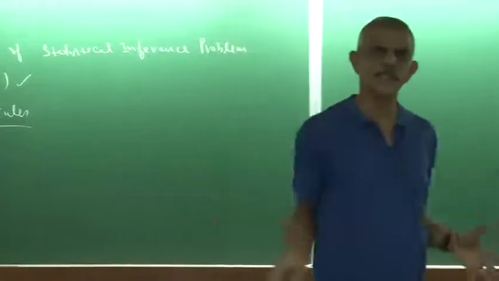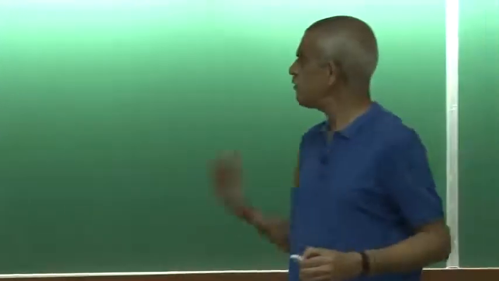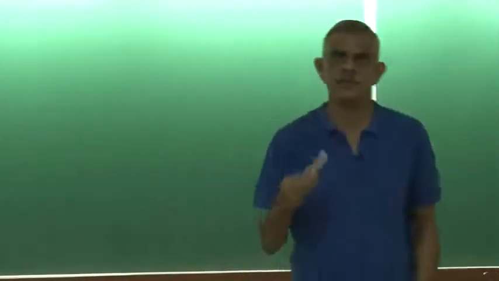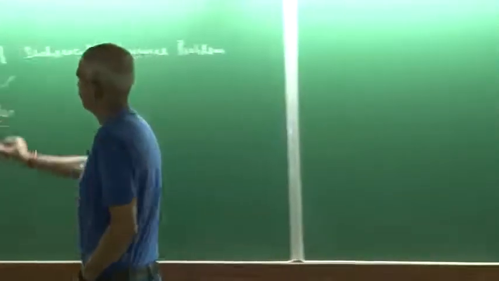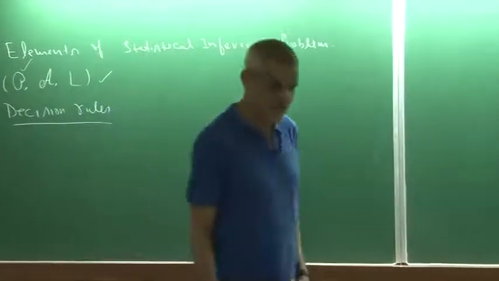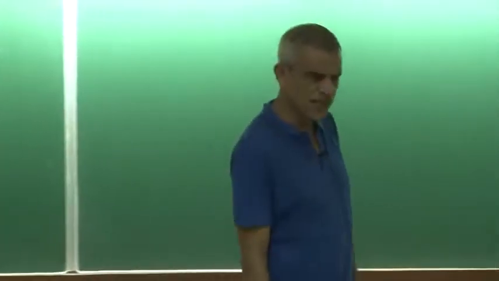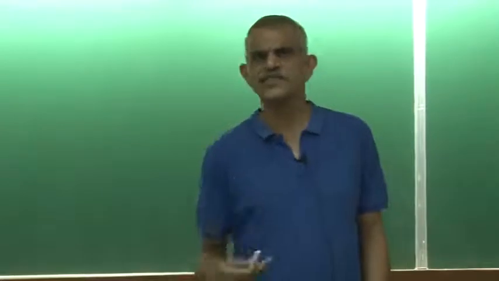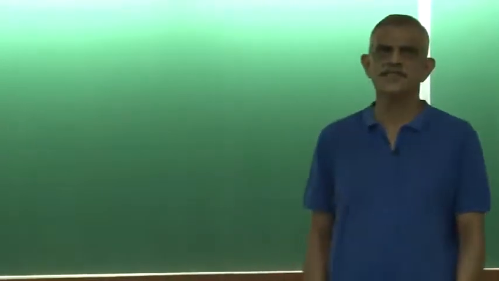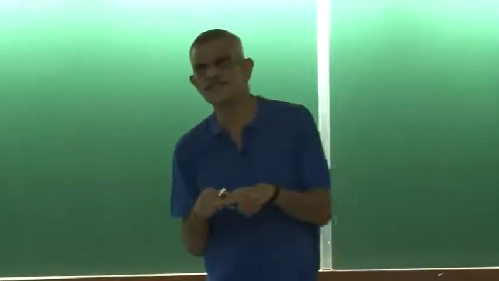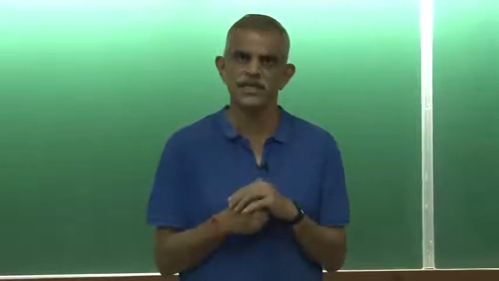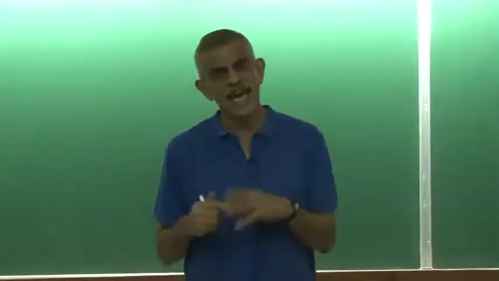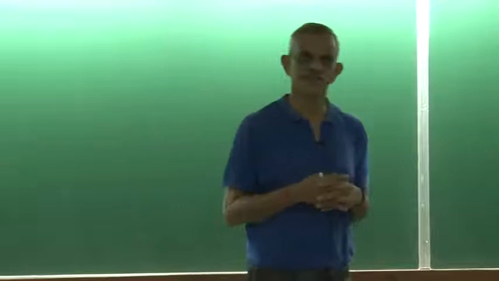So it may be a large class, and it may not be possible to find a decision rule which minimizes the risk function for every element in P. So what we do is we put reasonable restrictions on the class of decision rules under consideration. By restricting our class of decision rules, we try to find the best decision rule in the restricted class, and that is possible in many situations.